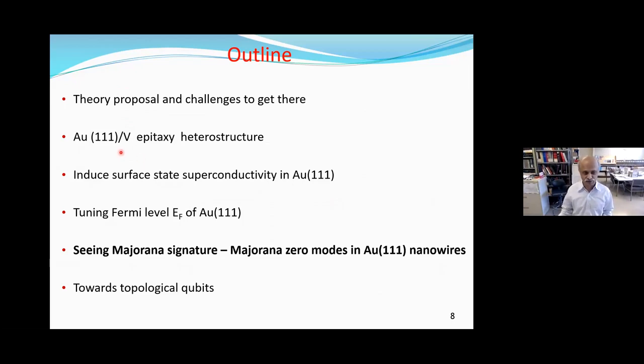For example, get the gold 111 very cleanly coupled to a superconductor, and it still should maintain its surface state. Then induce superconductivity. And one of the major things, as you'll see, is the tuning of the Fermi level. It is very important because the Fermi level in the case of the surface state is way up compared to the bottom of the band. Then looking for the Majorana signature, and then, of course, which direction we can go towards the topological qubit.